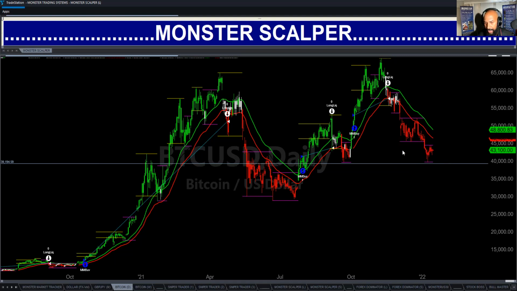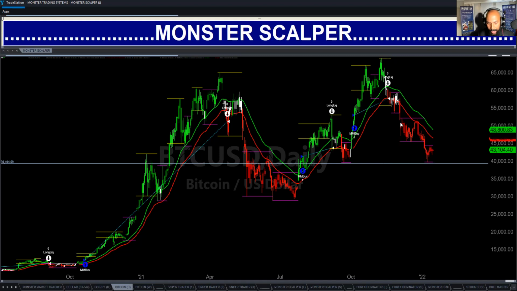Before we do anything at all, guys, and I get calls from traders all the time saying, Bitcoin had a big intraday move, should we get in? The answer is no, we do not want to get in until we see green candles like this, buying coming in, and then a blue buy signal, this blue arrow right here.